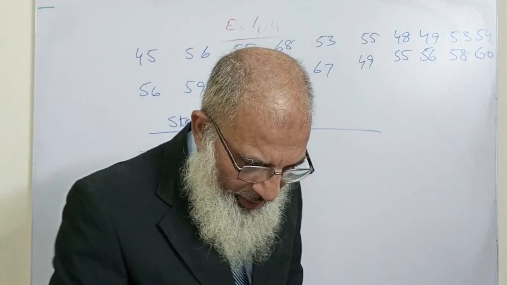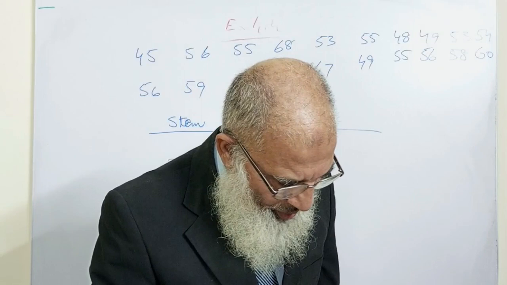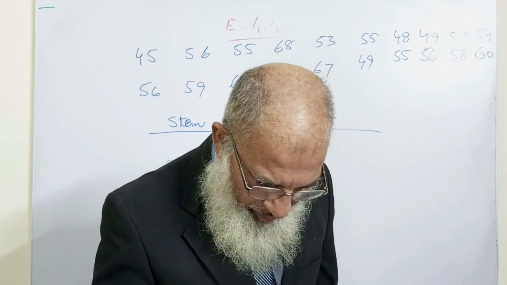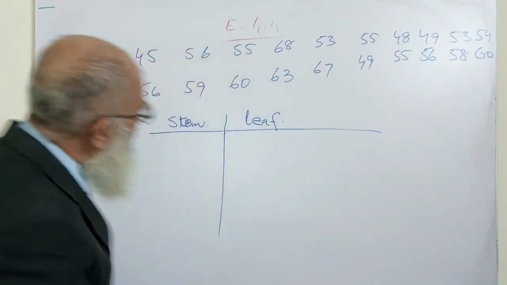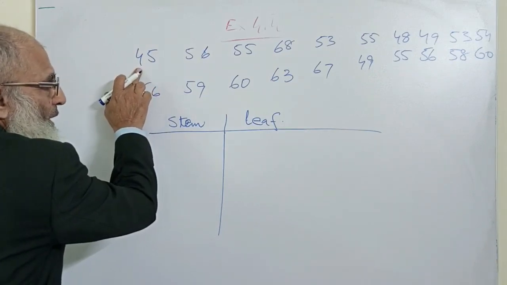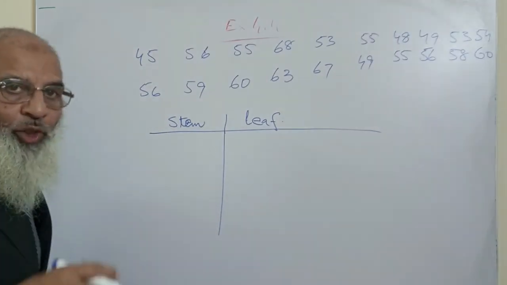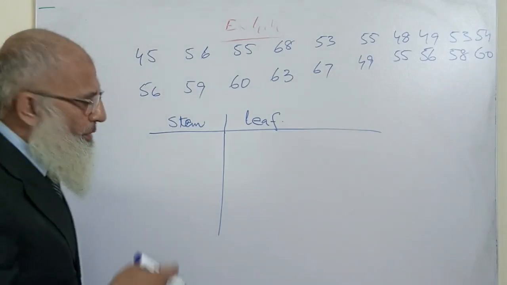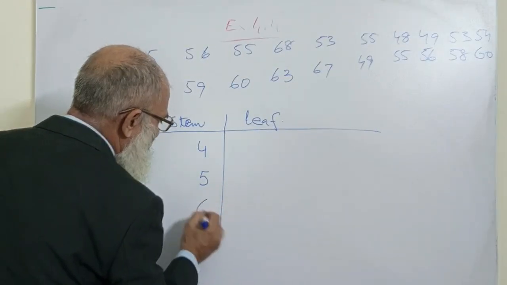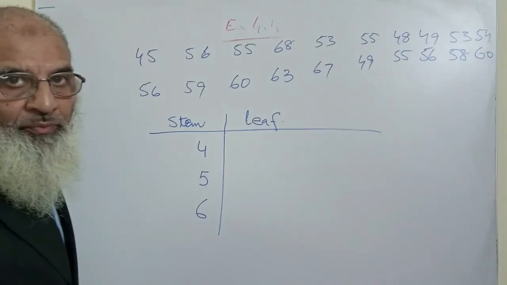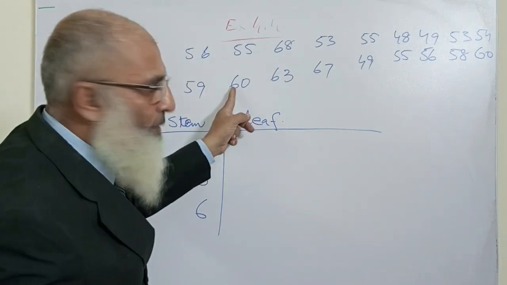It will be appropriate to break them into 3 groups: 40s, 50s and 60s. If it would have been 70s and 80s, I would have written those too. Now 4, 5, 6 are the tens digits, here, here and here.